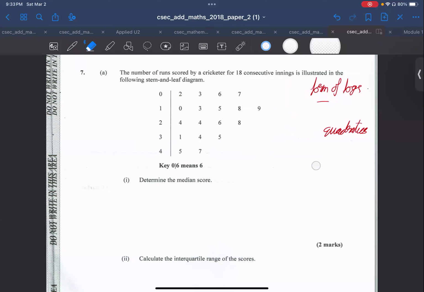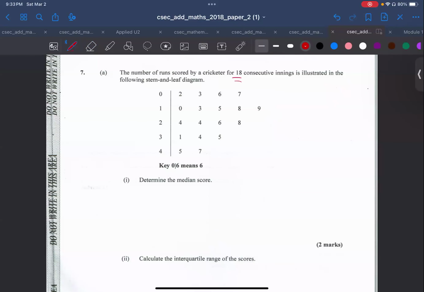Okay, so the median score, right? How many terms do you have? We have 18 consecutive innings. So our median will be the (18 plus 1) over 2 term, which is the 19 over 2 term, which is the 9.5 term.